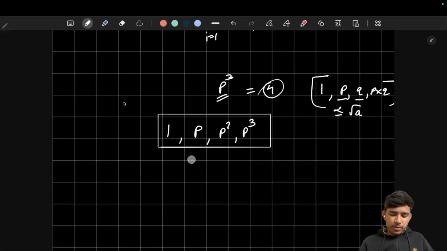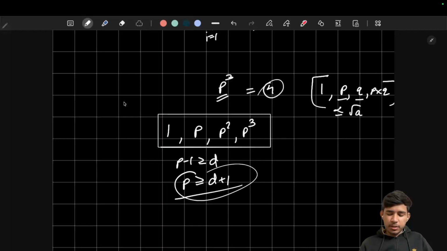Now, the difference between the two least divisors should be greater than or equal to d, so p minus 1 should be at least d, so p can be d plus 1. Similarly, we compare the next two, and q minus p should also be at least d, so q would be at least d plus p.